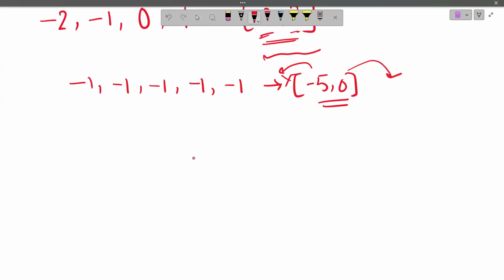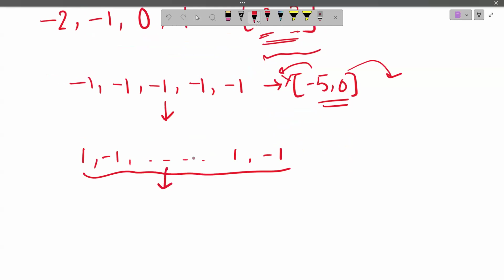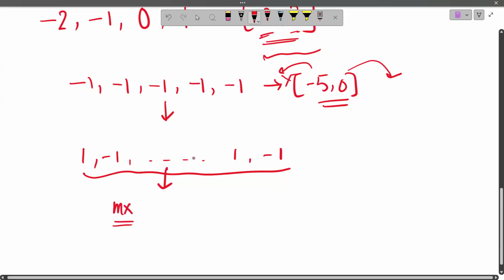Now, this was the intuition behind the problem. So what is the basic formal argument? Suppose I compute all the subarray sums in an array where all the elements are 1 or minus 1, and I basically compute the maximum subarray sum here. I will later show how we can compute this.